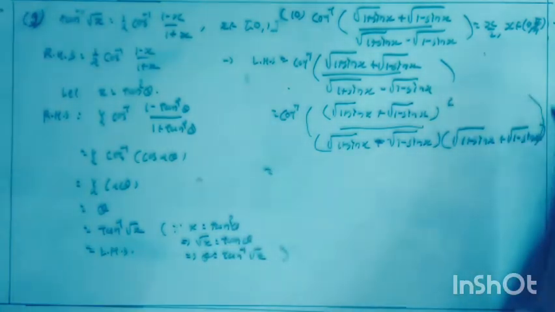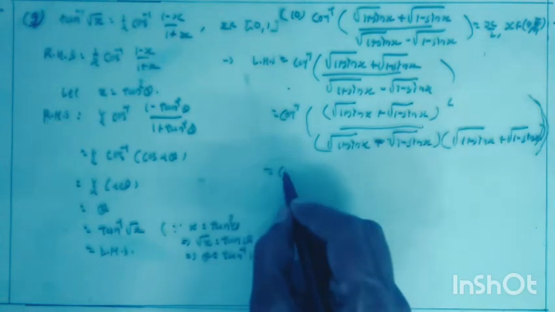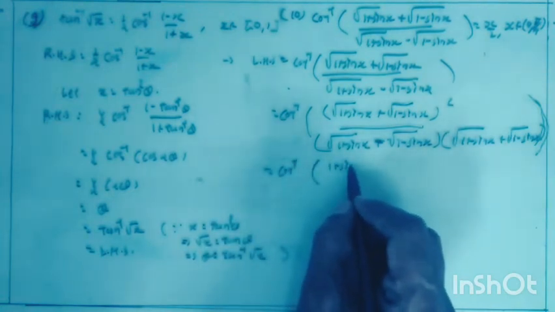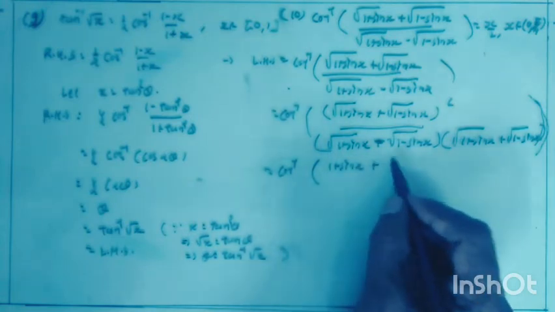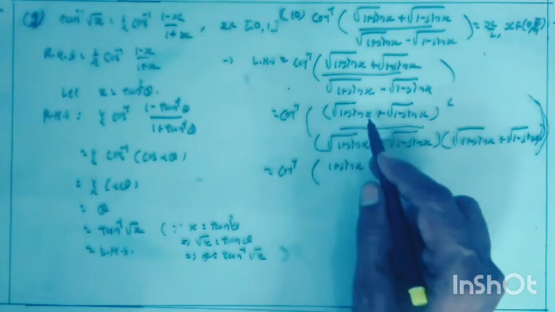So, splitting this bracket, we get cot inverse of 1 plus sin x plus 2 into the product of these two, which is root of 1 minus sin square x.